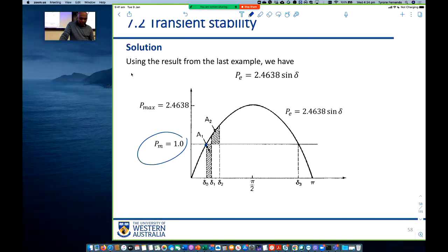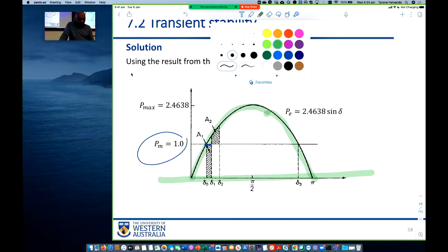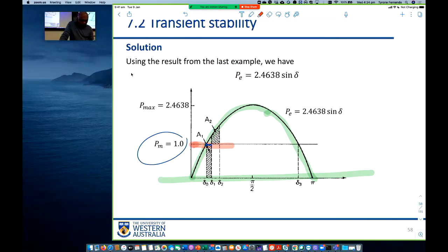So mechanical power remains the same, and the electrical power curve here drops to that, isn't it? So PM remains the same for 3 cycles.